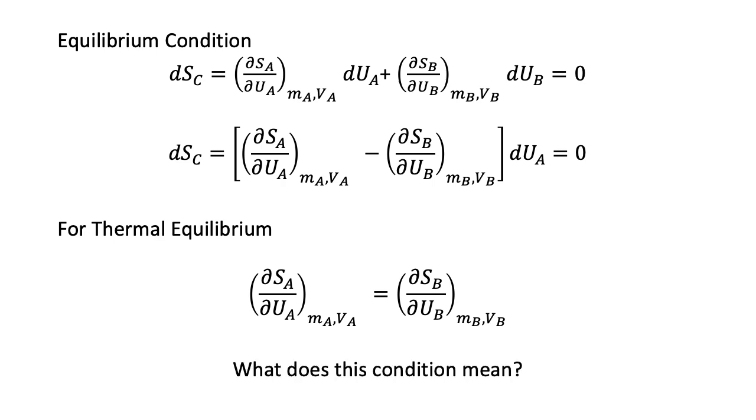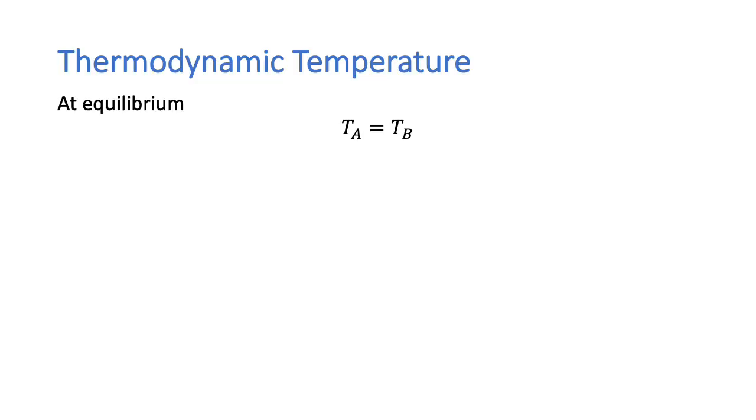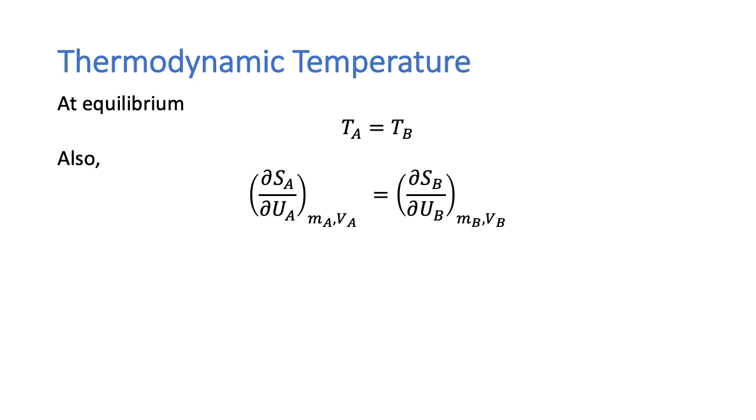So what does this condition mean? We know from our understanding of the word temperature that at equilibrium, TA must be equal to TB. From our analysis, we have also shown that these two partial derivatives must equal each other at equilibrium. In our development of thermodynamics so far, we have not given a definition of temperature.